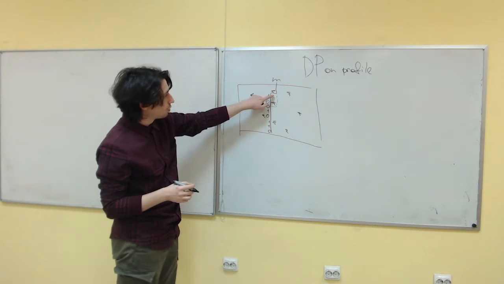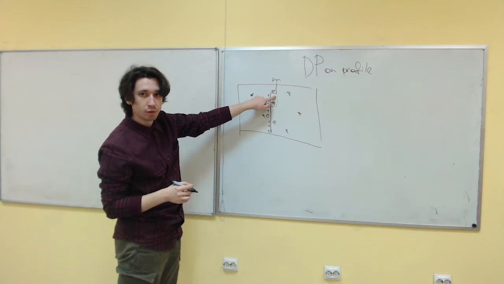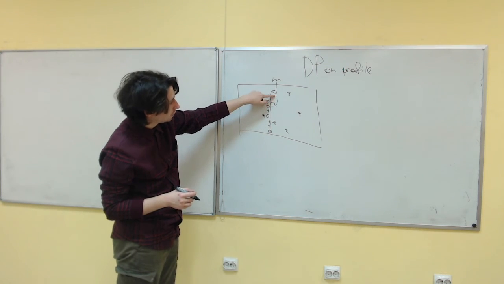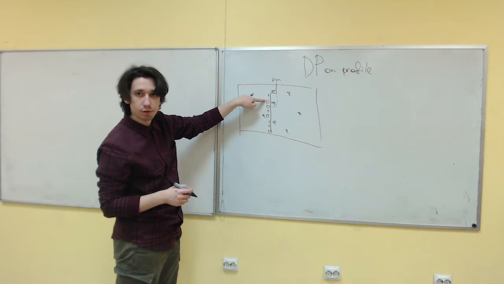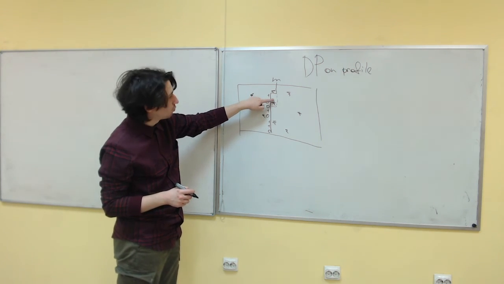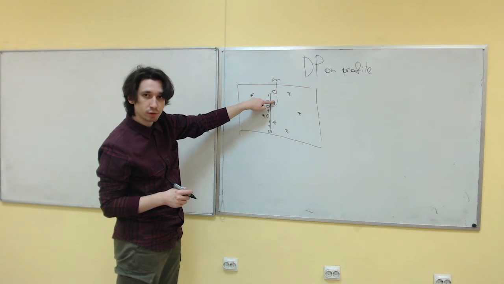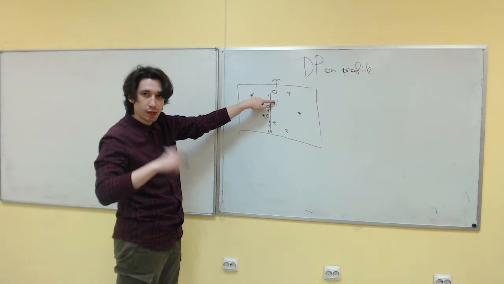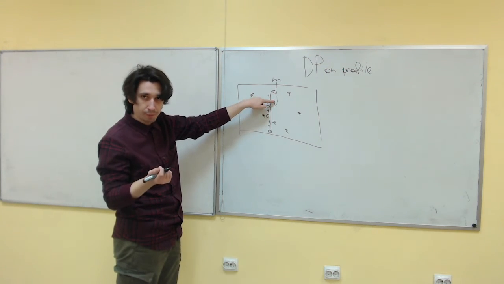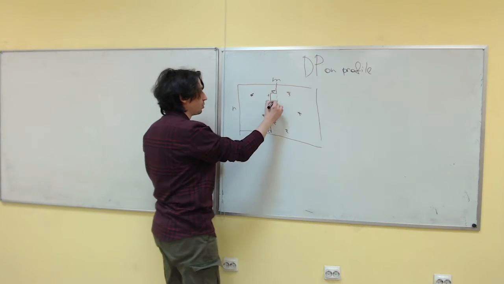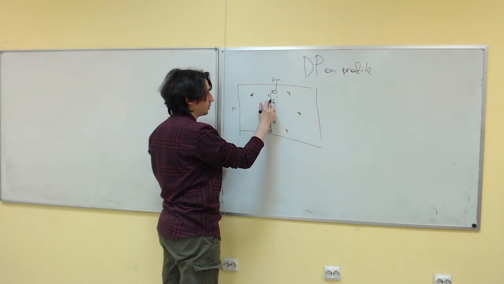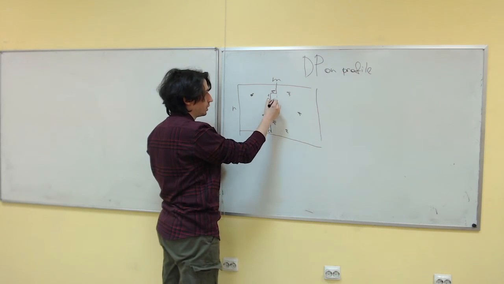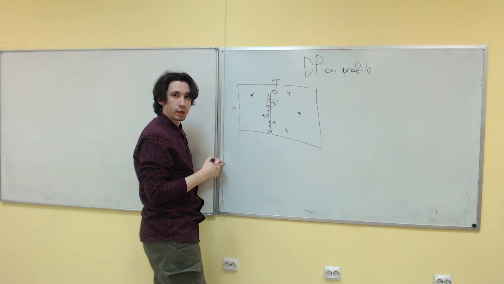You check how many rooks you can put here. Like there is all zeros from here, you can put only one rook here because this is the vertical line. So you just choose where to put, and for example, if you put here, it was 0 here, then in the next step it is 1 here.